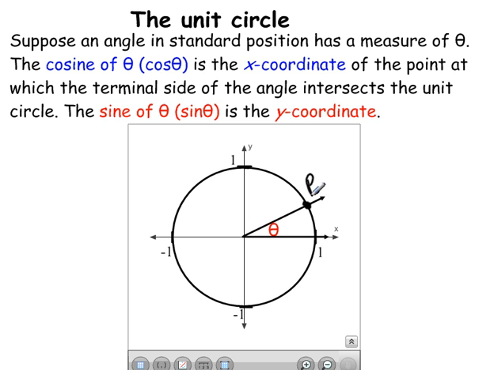So here at point P, the cosine of theta is represented by the x-coordinate, and the sine of theta is represented by the y-coordinate. So that's the important thing about the unit circle that you have to know. Points on the unit circle are related to cosine and sine. The x-coordinate represents cosine and the y-coordinate represents sine.